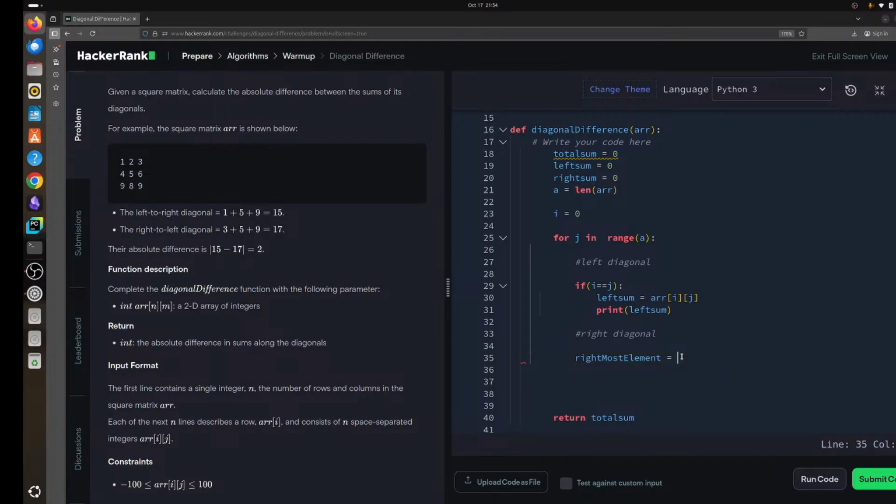The rightmost element will always be arr of 0 and n minus 1, not n minus 1, plus equals to.